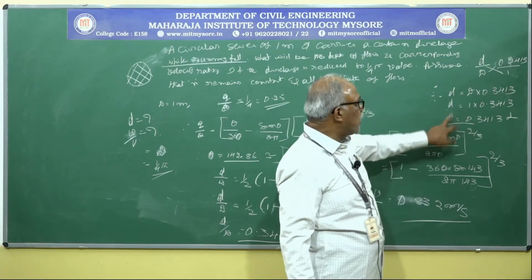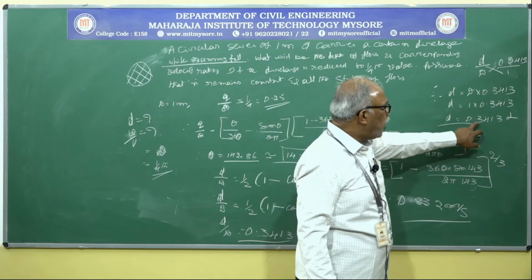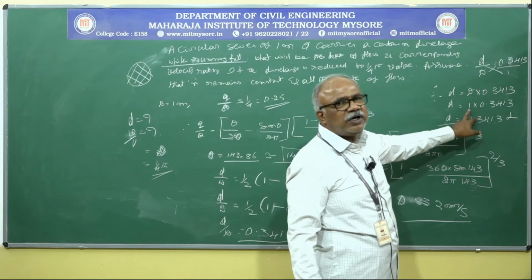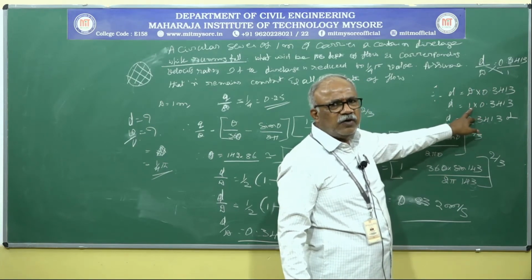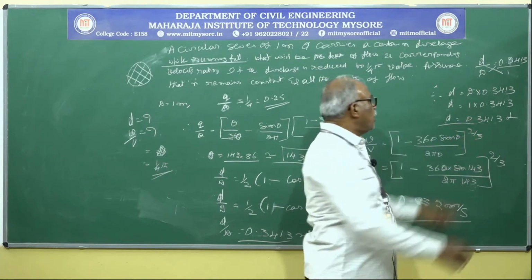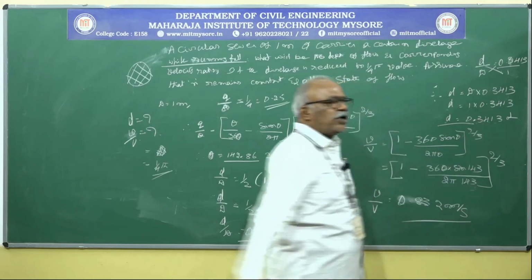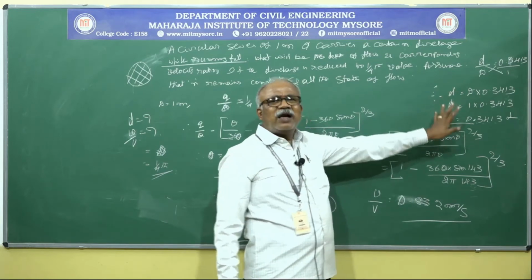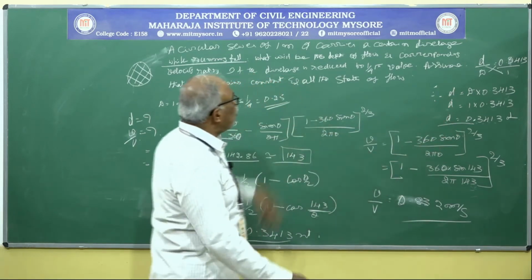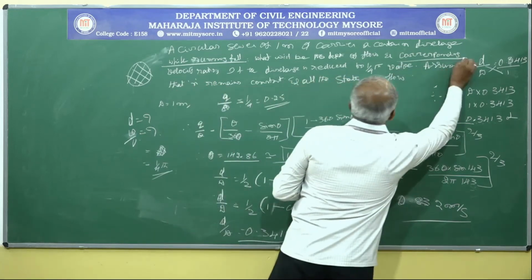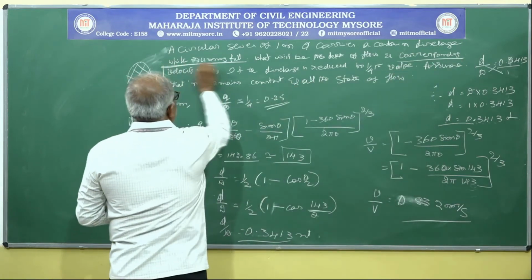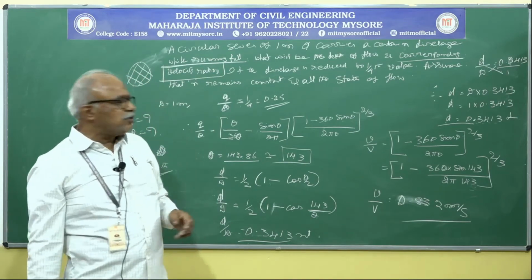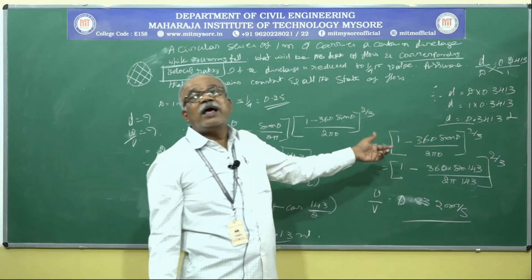So finally I get the value of small d is equal to 0.3413 meter, because the value of capital D is equal to 1 meter. When I substitute this value, finally I get small d is equal to 0.3413 meter. After calculating the depth, according to the problem, I want to calculate the corresponding velocity ratio. To calculate the corresponding velocity ratio, we know the equation, already I gave.